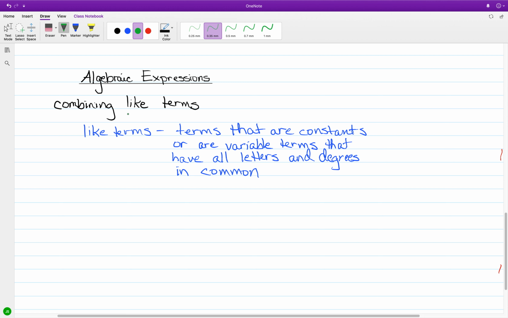And some things about like terms. Like terms can be combined by addition or subtraction. But on the other end, what are referred to as unlike terms cannot.